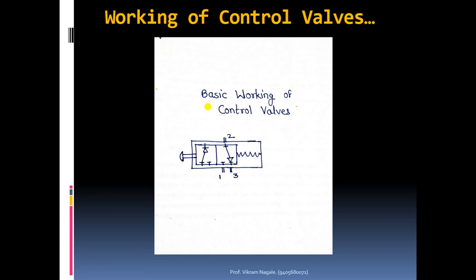So whenever we apply pressure on one side, maybe the left side, there should not be any pressure on the right hand side of the valve. Pressure should be active on one side, and the other side should be inactive. Only then will we get the effect.